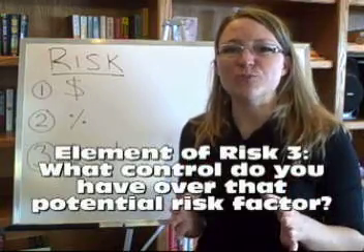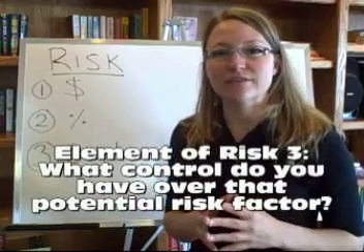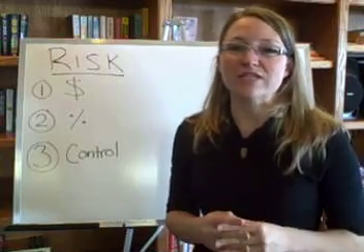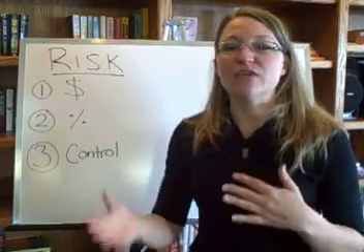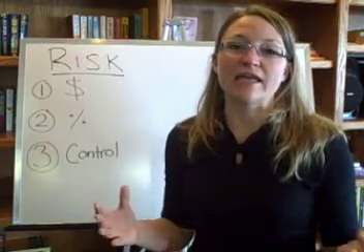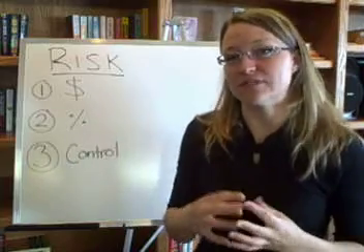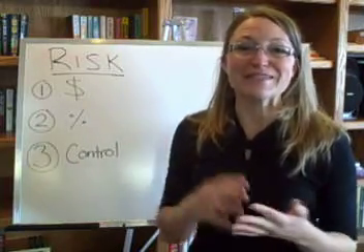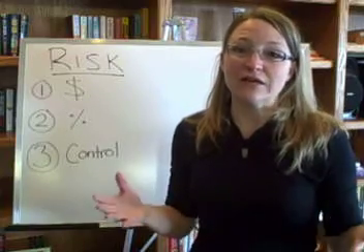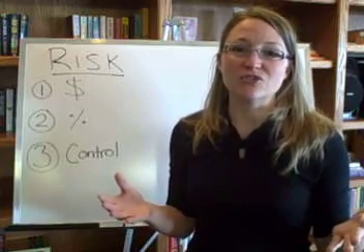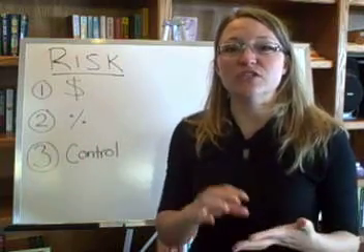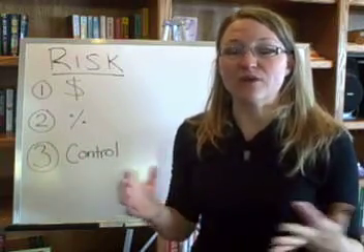And then the third element of the risk that you need to consider is control. What is your manageability of that element of risk? For example, you don't have much control over a tenant filing for bankruptcy, but you can screen tenants and do things that can mitigate that risk a little bit. As far as the city clamping down on illegal suites, if you buy a property that has an illegal suite, the main control you have is to do everything you need to do to get that suite approved by the city.